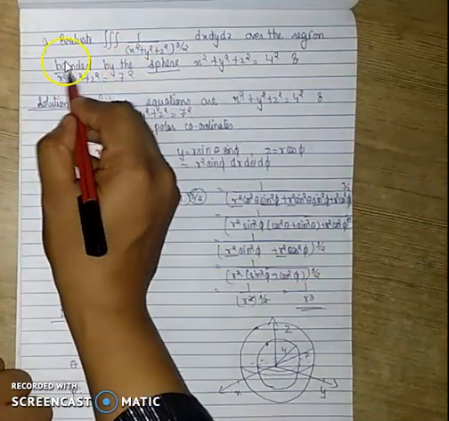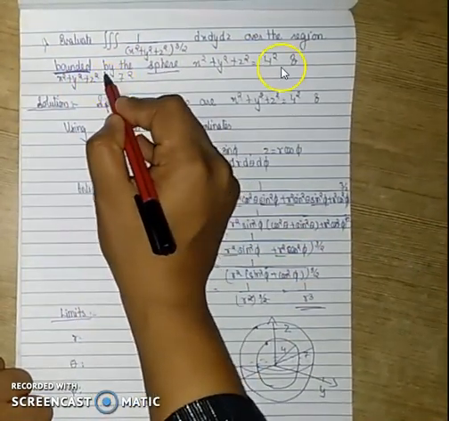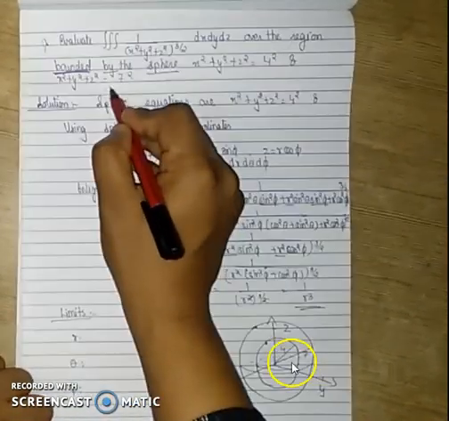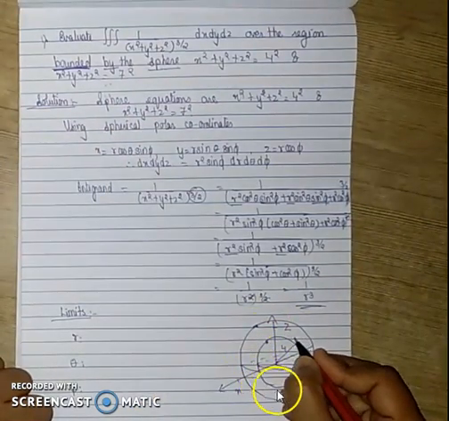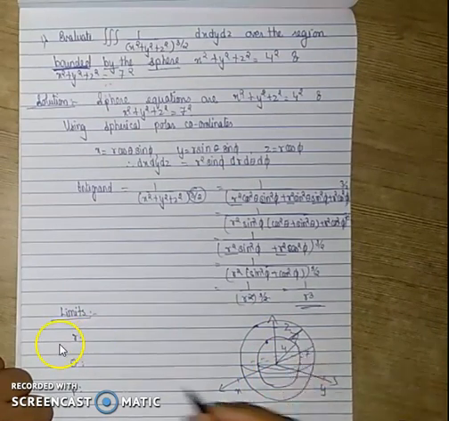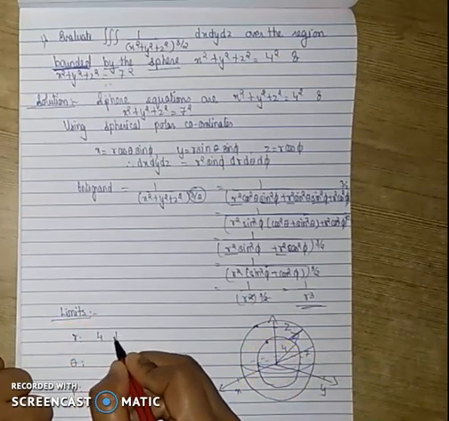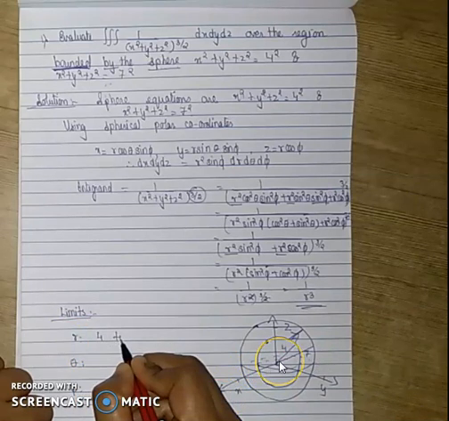Since it is bounded by the spheres, I am interested in the region between the two spheres. And what's the movement of my r? r starts from the origin till the outer circumference. Since it is bounded by the spheres, we have two concentric spheres of radius 4 and 7, so I'm interested in between the two spheres.